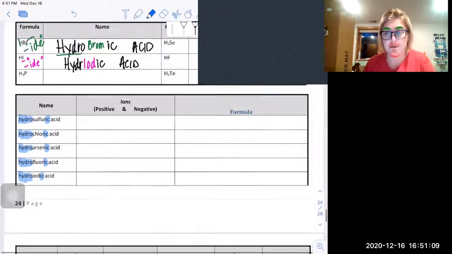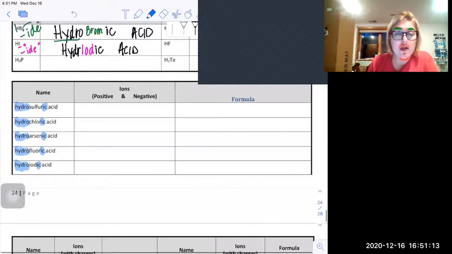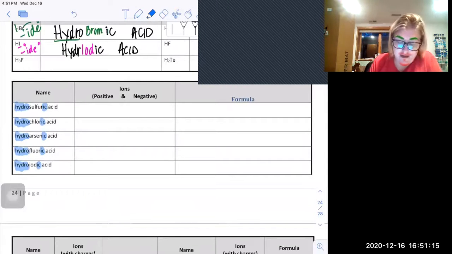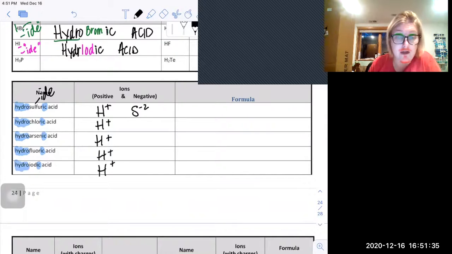But you'll get opportunities to do some more down here. If you see the hydro, you know it probably ends in IDE, which means sulfide is S with a -2. These are all acids, so they all will start with H. Every single one of them will start with H.